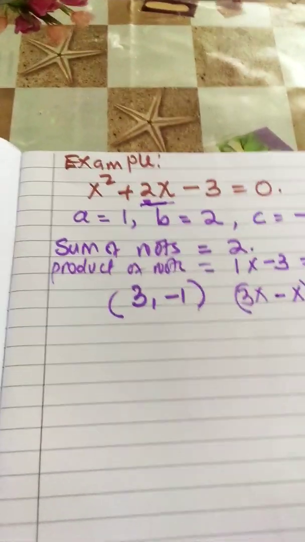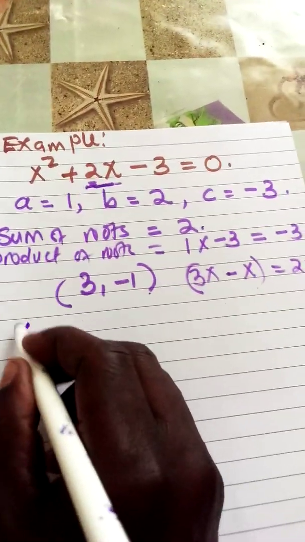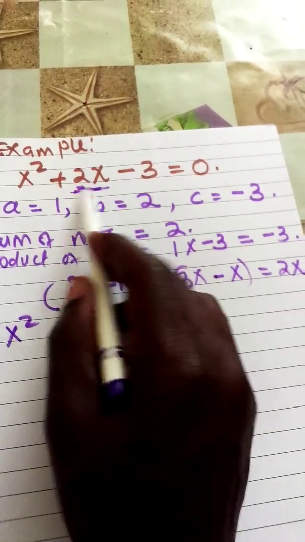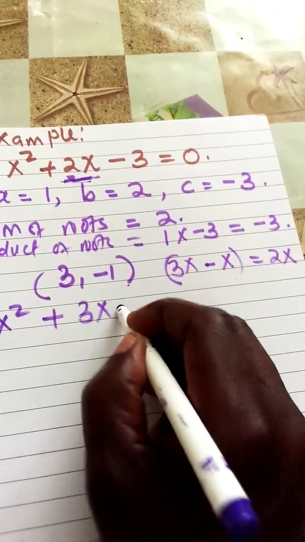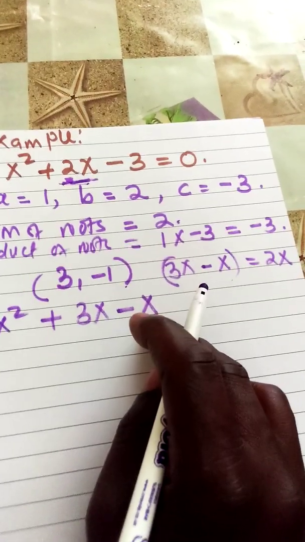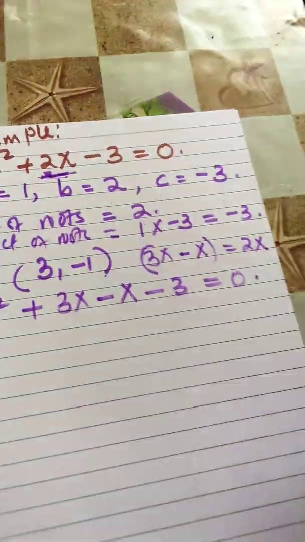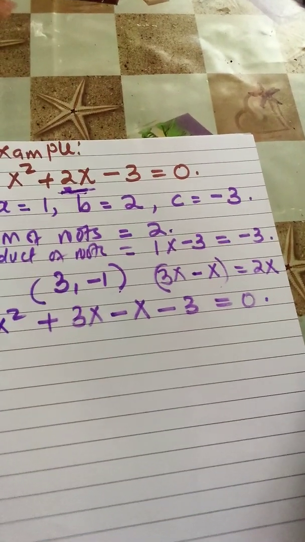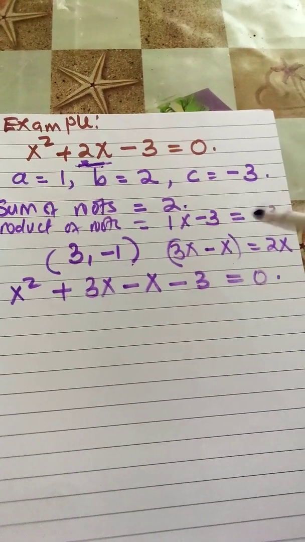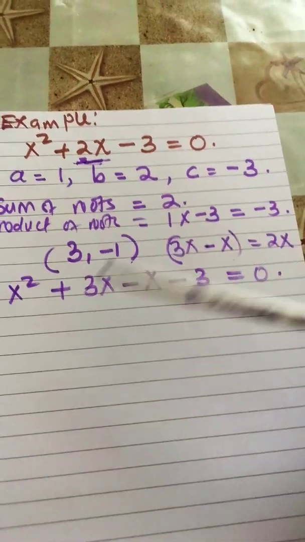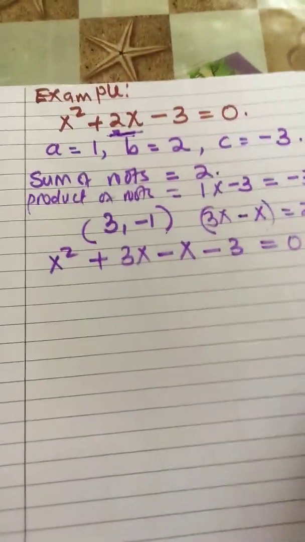So our equation becomes x squared plus 3x minus x minus 3 equals 0. We haven't changed anything with our equation, and you should never change anything with your equation, otherwise you will be working on a different question.